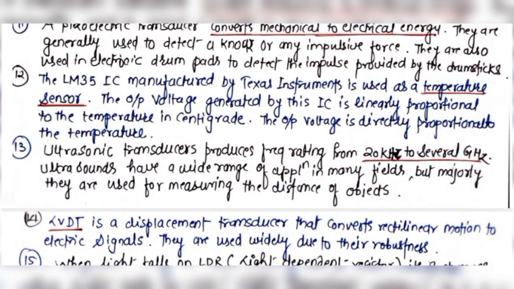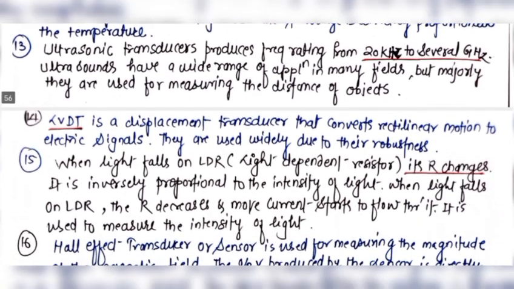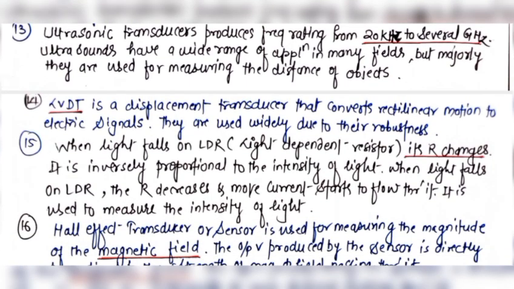Ultrasonic transducers produce frequencies ranging from 20 kilohertz to several gigahertz. Ultrasounds have a wide range of applications in many fields, but they are majorly used for measuring the distance of objects.